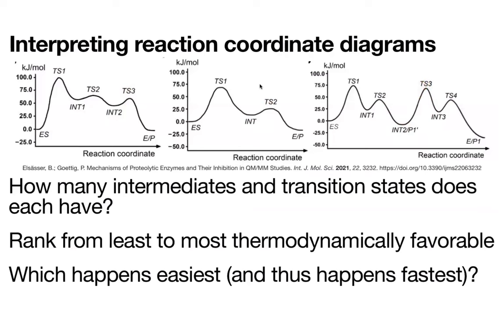Okay, which is the least to most thermodynamically favorable? So remember, what do we need to think about when it comes to thermodynamic favorability? Yeah, we need to think about our overall delta G, the difference between our substrates and our products. And so we need to be looking at the start and at the end. We can ignore everything else that happens in between.